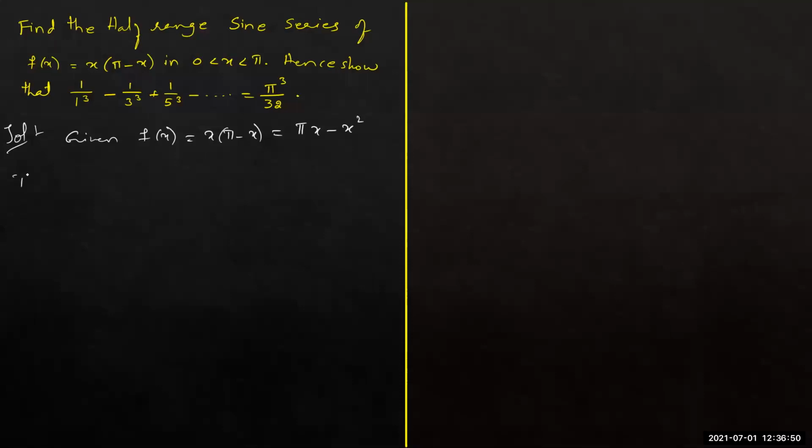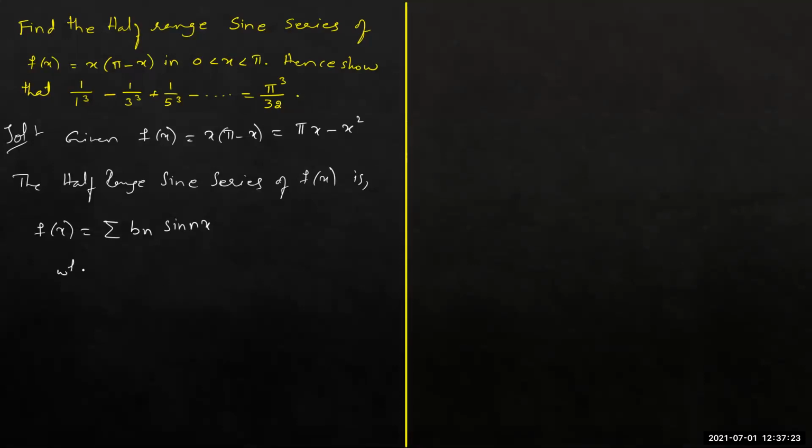Now, the half range sine series of f of x, I hope you remember, will have only sine terms. So we'll get it like this, bn into sine nx. Because the interval is 0 to pi, I'm taking it like this, sine nx. When it is an arbitrary interval, I'll take it another way.